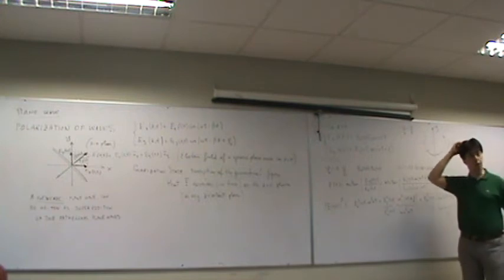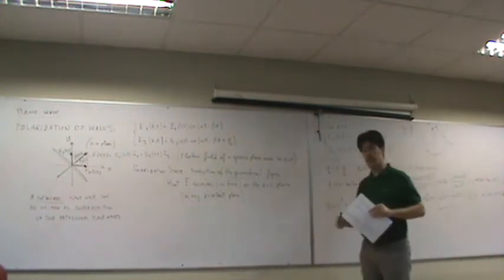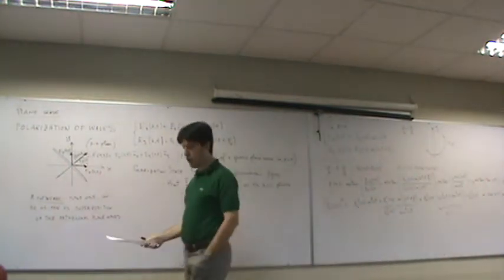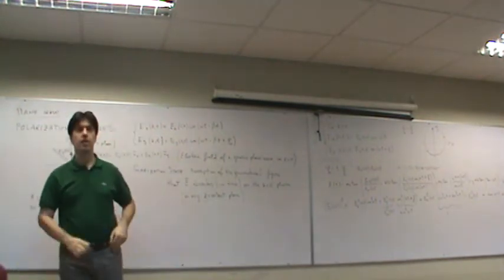We used to divide this in left-handed and right-handed circular polarization, depending if the electric field rotates toward the left or toward the right. So this is going to be left or right circular polarization, question mark.